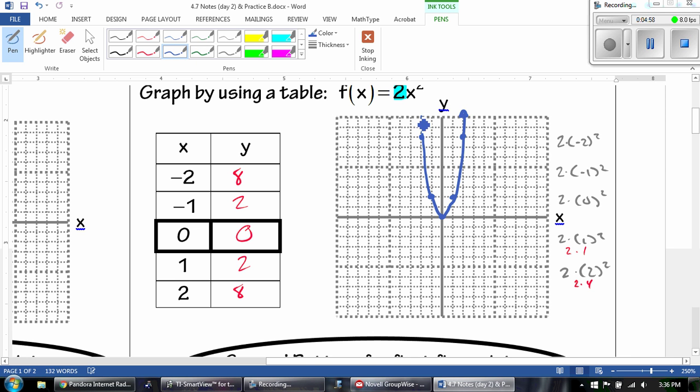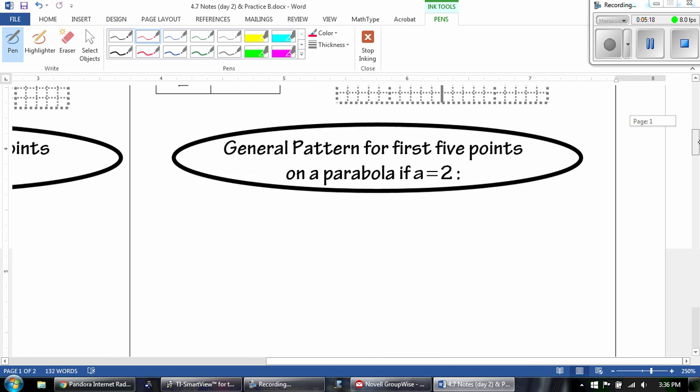And our pattern is different. So instead of going up 1 over 1, I went up 2 over 1. And then I went up 8 over 2. So we have a new pattern if there's a different number in front of it.